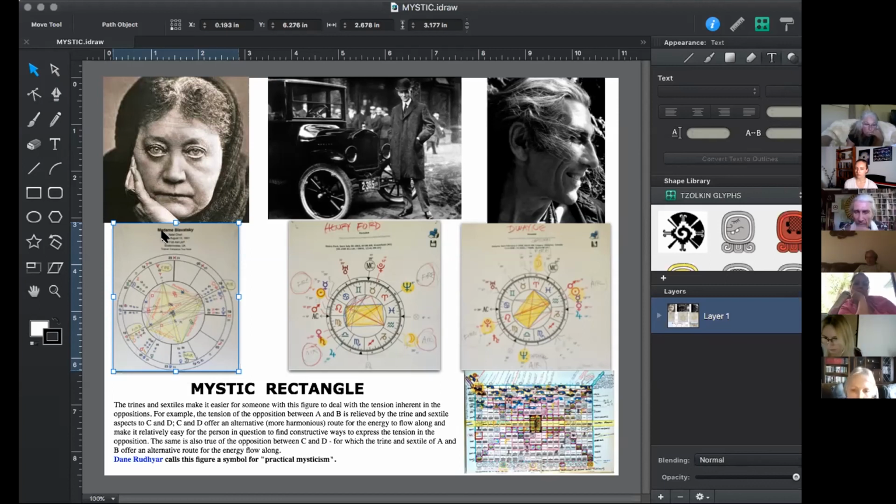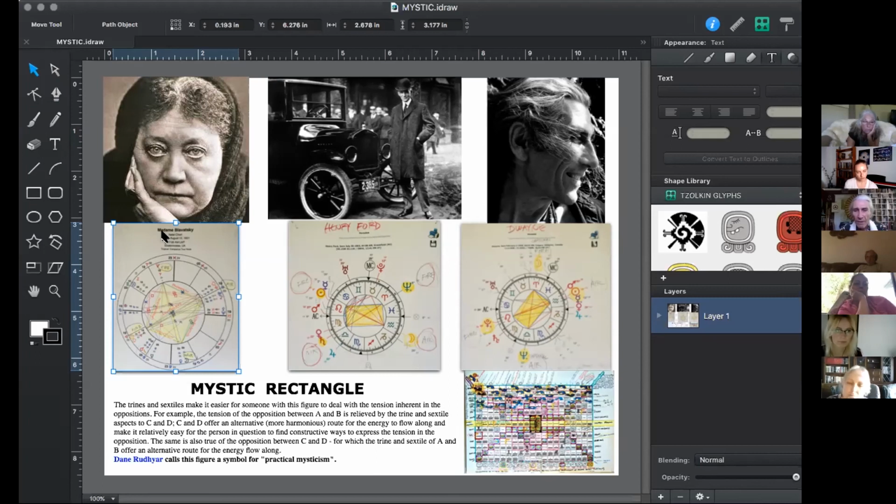I've been pioneering this research, and I hadn't really connected it up with other historical exemplars, but it's really an interesting way to flesh out your understanding of your own chart.